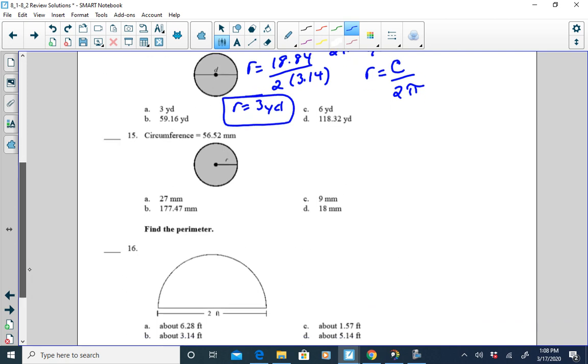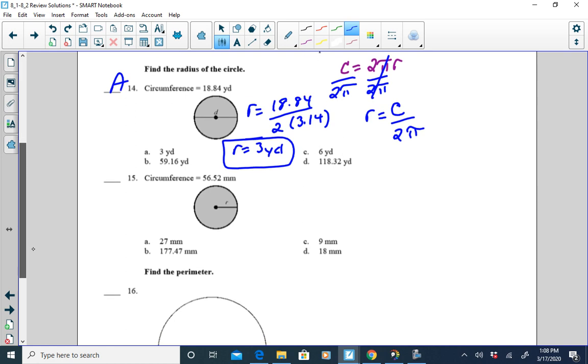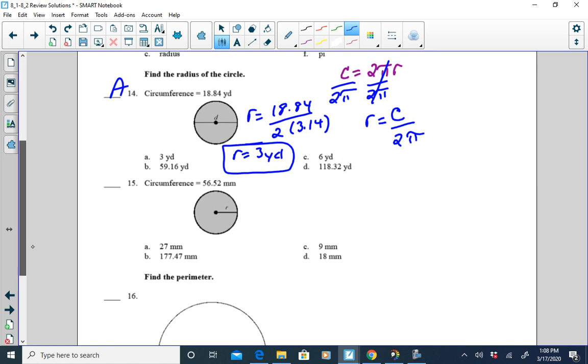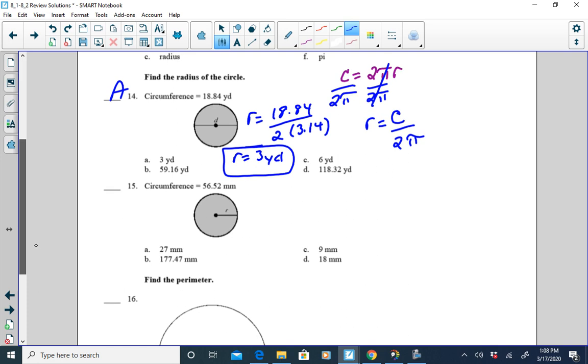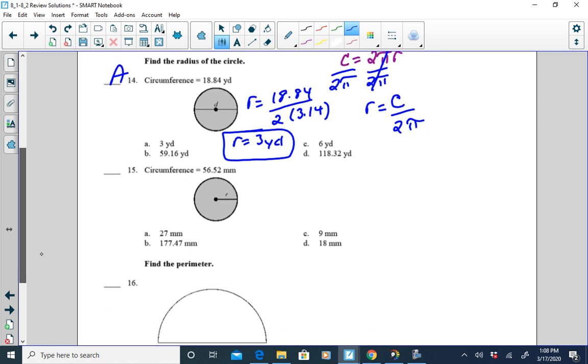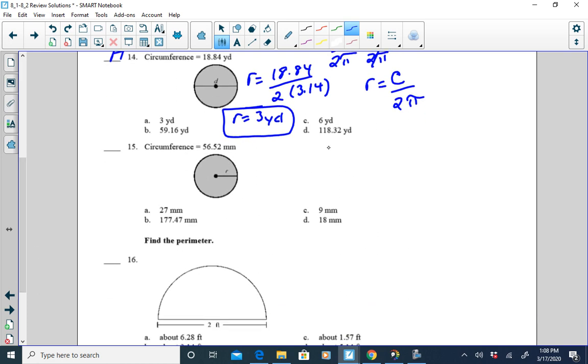Question 15. Let's see, we're given the circumference, and we're asked to find the radius once again. And so we'll use that same formula. The radius is equal to the circumference divided by 2 times pi.